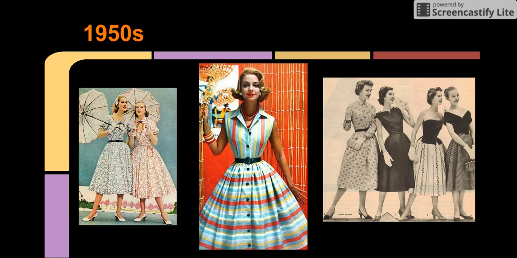So you see some more skin, whether it's in the neckline or it's sleeveless or like a halter top. Another thing you see is, again, a cinched waist, but a fuller skirt at the bottom. So you really get the hourglass figure. If you look at the picture in the center, you could see that it's the perfect hourglass shape. She has a wide skirt, so it gives the illusion of her waist being that much smaller.